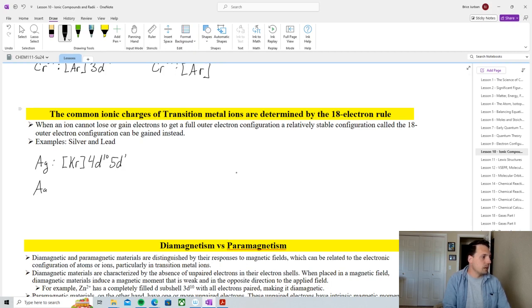Okay. And then when we form the silver plus ion, we end up getting krypton 4d10.